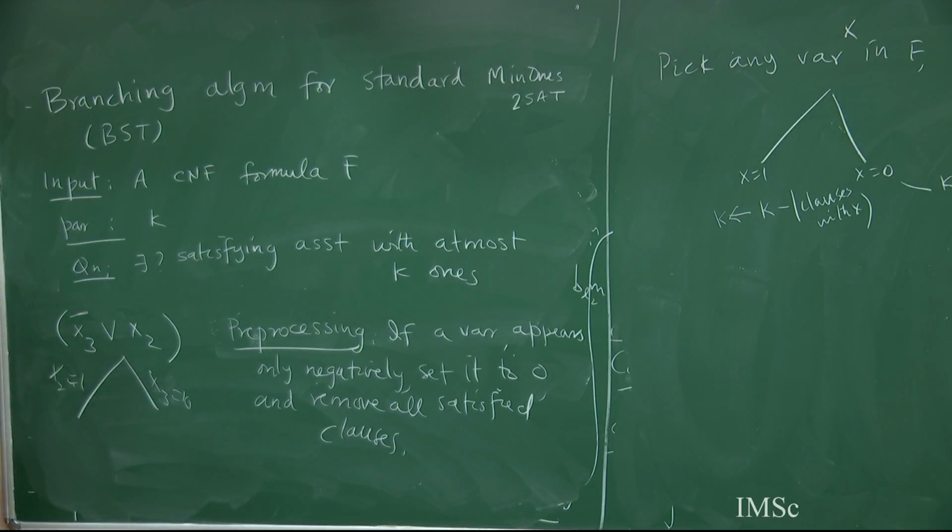So you find a pure clause, branch. When you branch on a pure clause, your k drops by 1 at least in each branch. Keep doing this as long as you reach the stage where there is no pure clause. At that point, set all the remaining variables to 0. You will satisfy all the clauses.